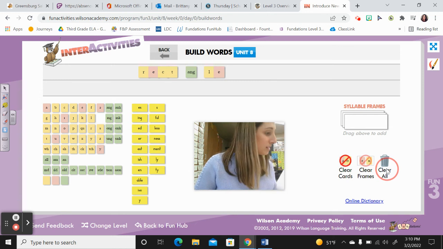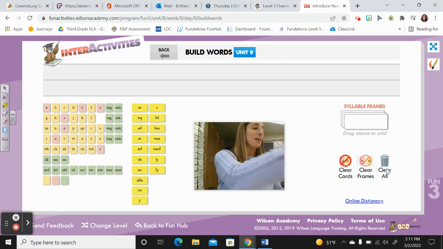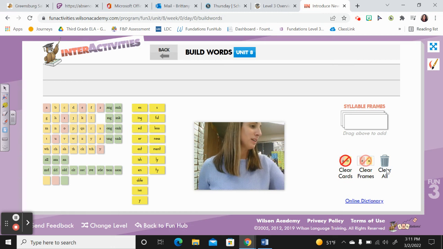Rectangle. That was consonant-L-E. And try this one. Final. Say it. Final. My final test will be tomorrow. If you're in high school or college, you have tests called finals. Final.